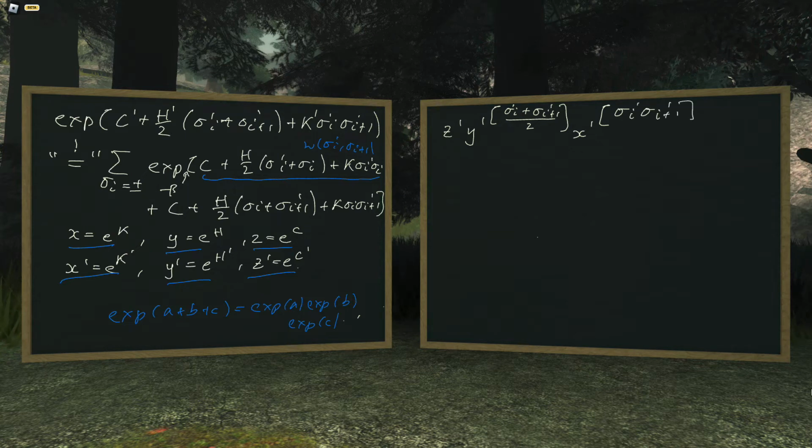Sigma I plus 1. So that's the left-hand side. And then the right-hand side will be a sum over sigma I is either plus or minus 1, Z squared y to the... The beta disappeared again, I'm guessing. It did.